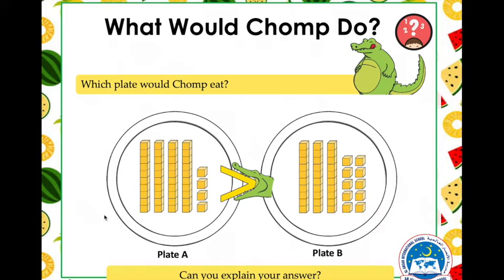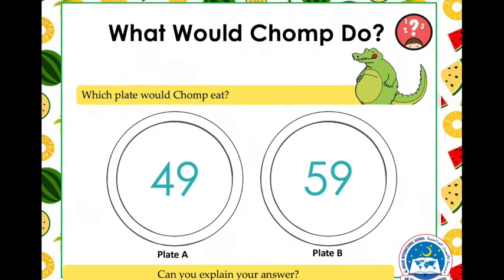Mr. Chomp will eat this plate because he always likes to eat the number that is more, the number that is bigger, okay? So, he will eat this number because 44 is bigger than 40. Let's try another one.